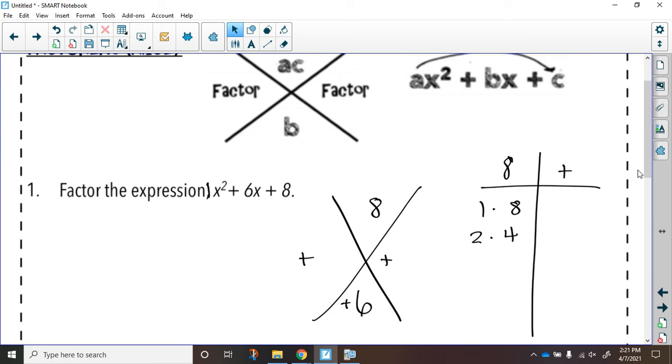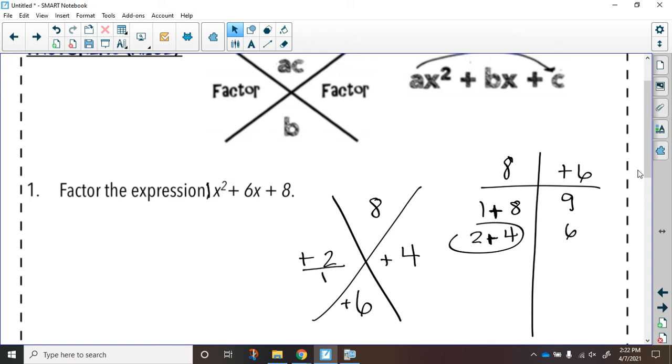Again, we are wanting a positive 6. So when I add these terms together, 1 and 8 gives me 9, 2 and 4 is going to give me 6. So these are the terms that I am going to use, 2 and 4.